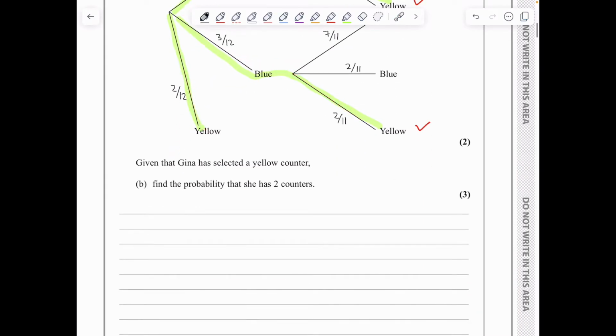So this gives me in the numerator 7 over 12 times 2 over 11 plus 3 over 12 times 2 over 11, and in the denominator we've got 7 over 12 times 2 over 11 plus 3 over 12 times 2 over 11 plus 2 over 12, which is the probability of picking a yellow counter the first time you draw a counter. Put this on the calculator, you get an answer of 10 over 21.